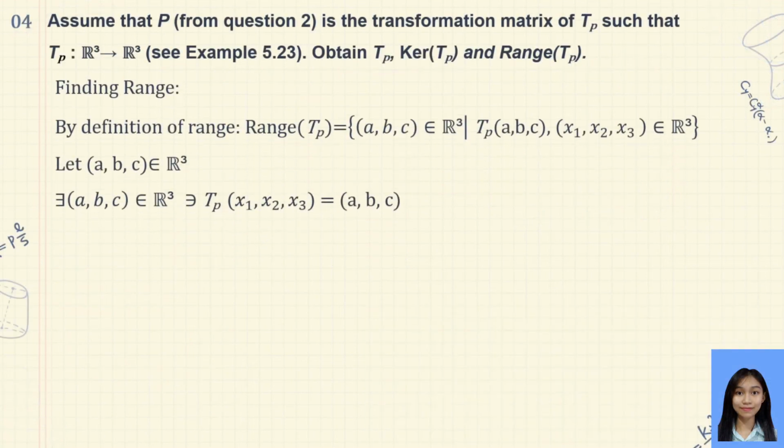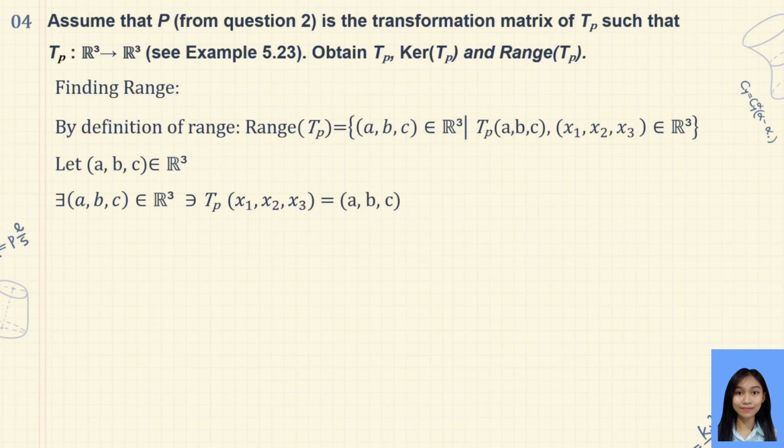To find the range, by the definition, the range equals the set of (a, b, c) that is an element of Euclidean space, given that (a, b, c) and (x1, x2, x3) are mapped by T_P in Euclidean space.